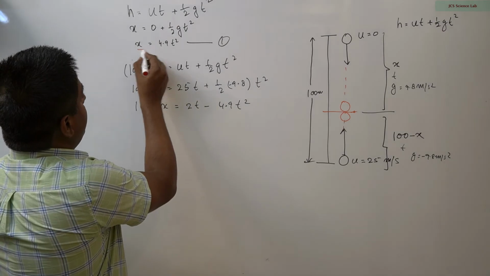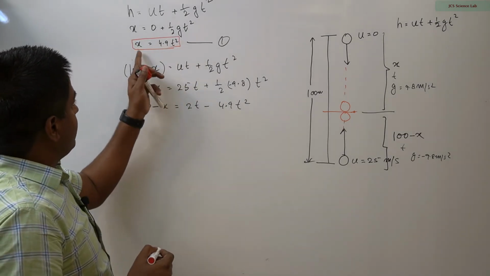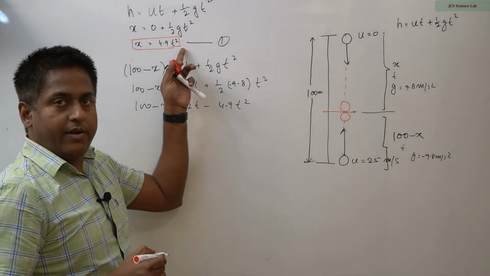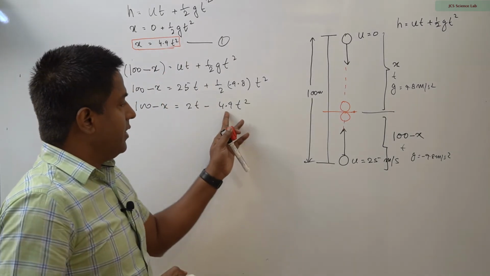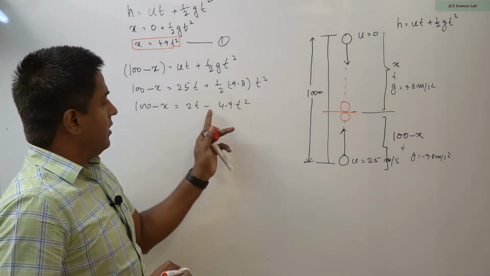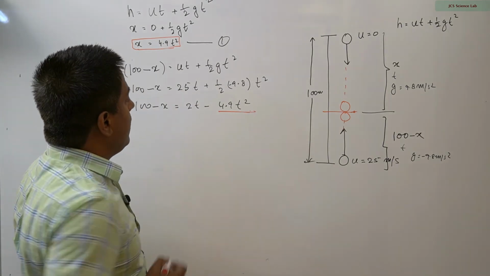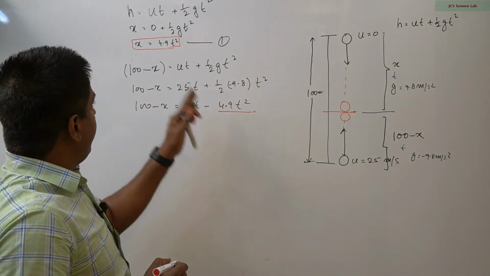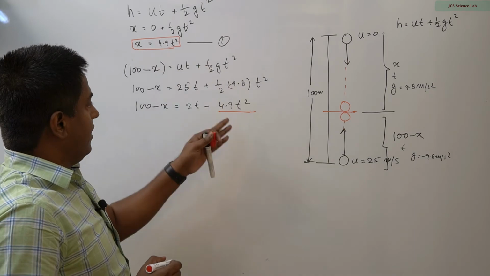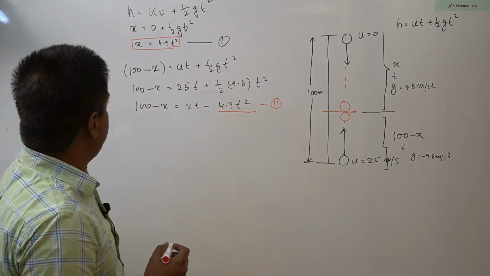If you see here, in equation 1, x is equal to 4.9 t square. It means that we can substitute 4.9 t square equal to x here. So substitute the value of 4.9 t square in equation 2. This is equation 2.